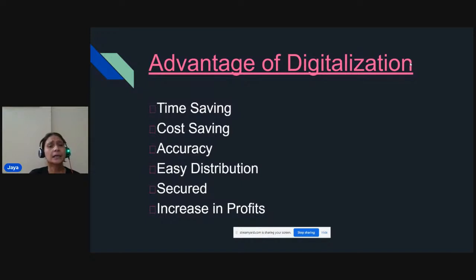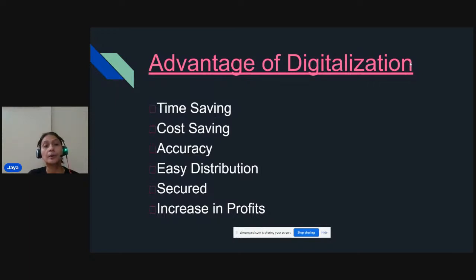The next point is security. All the documents are secured, so you can retrieve the data. Every document on an online platform is secure and easy, and it makes it very easy for you if it is lost somewhere, as you still have the luxury to retrieve that data. Then there is an increase in profit.